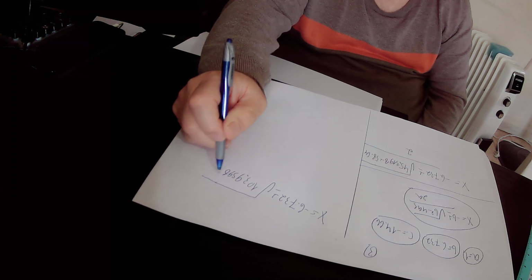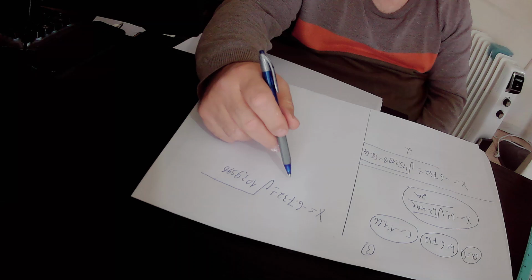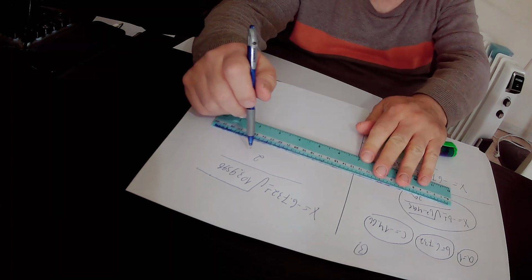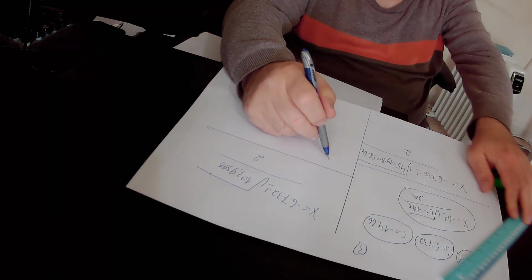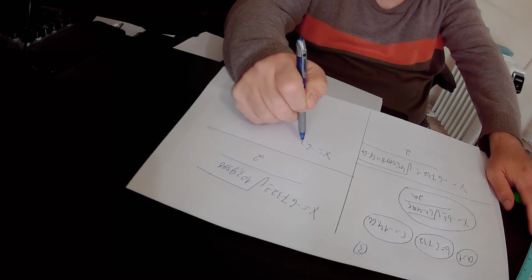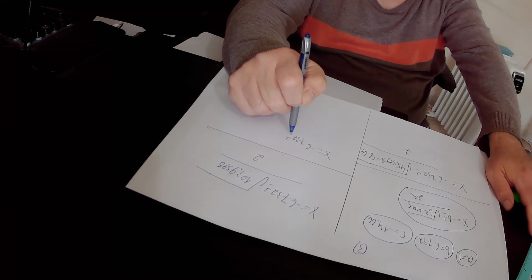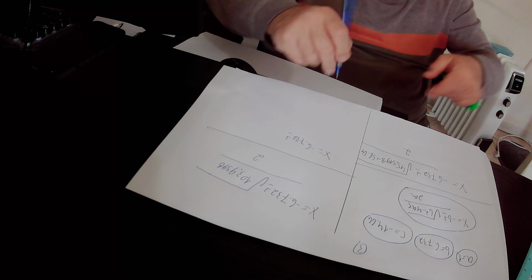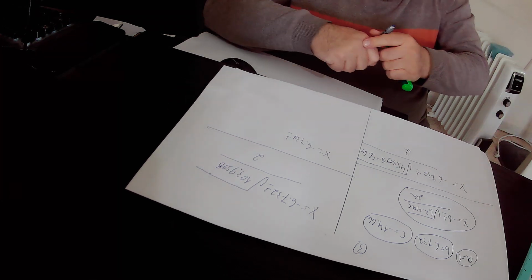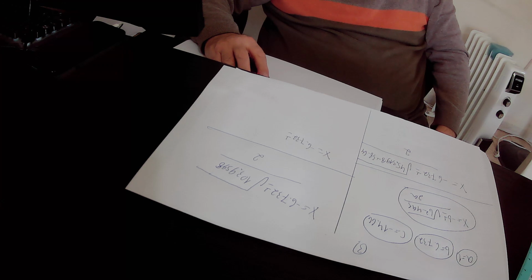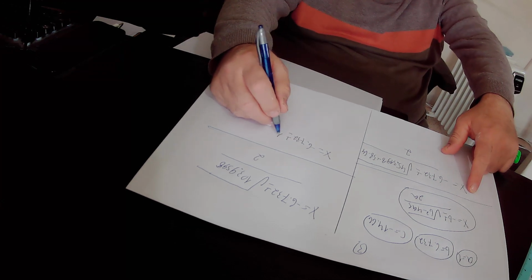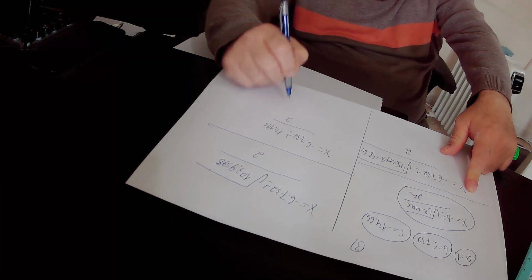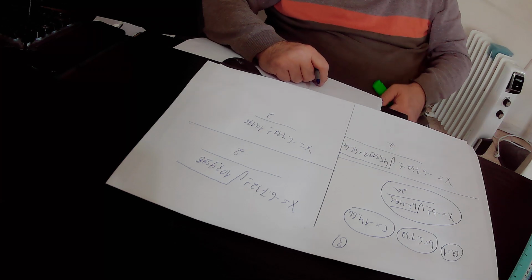So inside the root we are left only with 103.9598, divided by 2. So x equals minus 6.732 plus minus the square root of 103.9598, which is equal to 10.196, divided by 2.